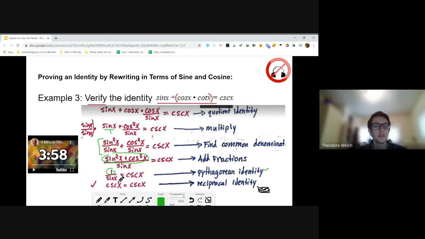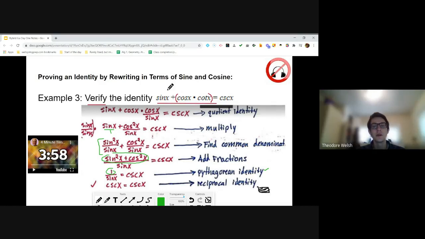Lastly, 1 over sine is cosecant. So I rewrite 1 over sine as cosecant using a reciprocal identity. It's cosecant equals 1 over sine. With those identities, anything that's equal to each other means you can substitute for each other. That's what being equal means. It means they're the same, just a different visual representation. And then now that I've got the left side equaling the right side, we're all set.